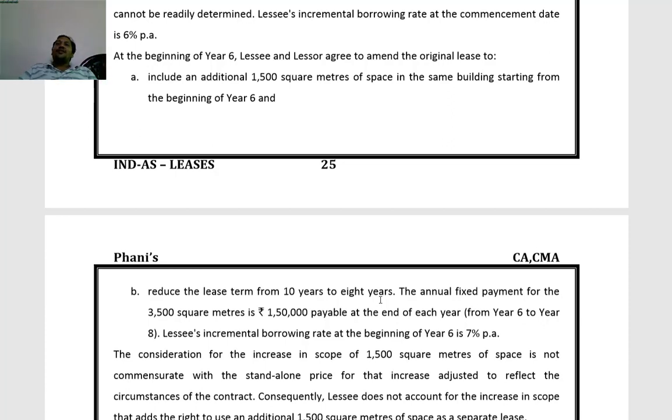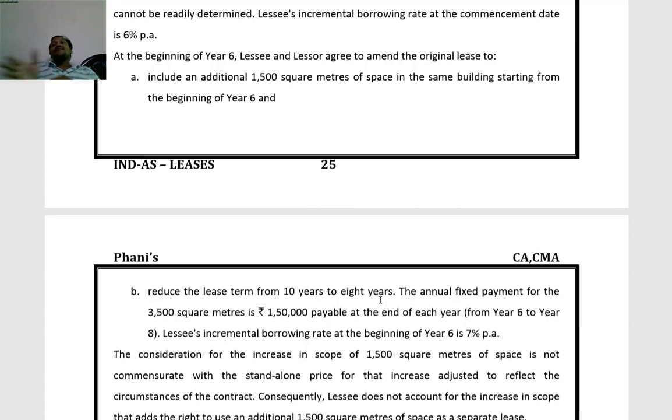Then after completing that, next step we have to go for remeasuring the lease liability. With 1 lakh lease rent for the next 3 years, we will be calculating the liability and reducing to that level. Then remeasure. Now lease rent is not 1 lakh, this is 1,50,000.